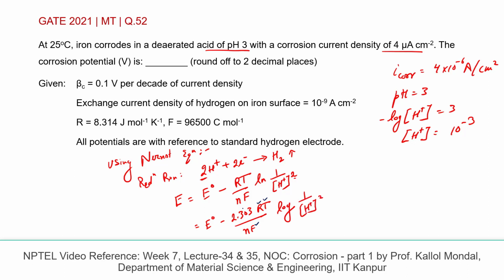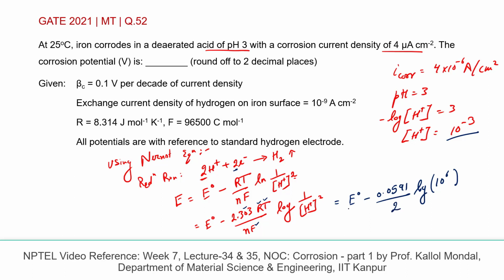These all are constants, so I can club them together and write this equation as 0.0591 upon n, where n is the number of electrons taking part in the reduction reaction, log of the concentration of hydrogen ions, which is 10 raised to power minus 3. Squared, it will be 10 raised to power minus 6. The number of electrons taking part is 2, so here we write it as 2.